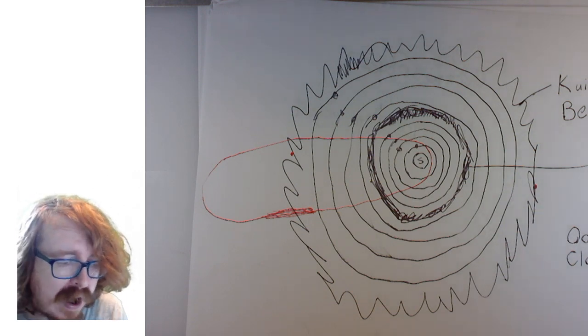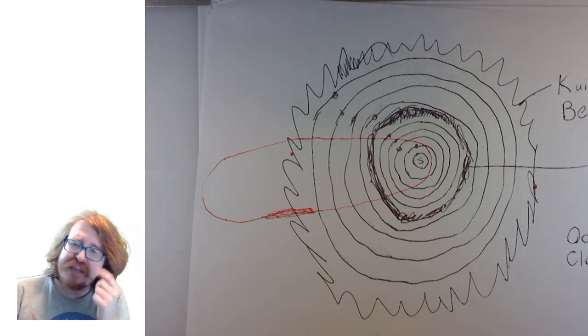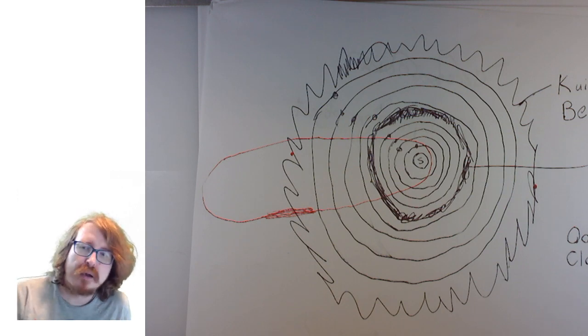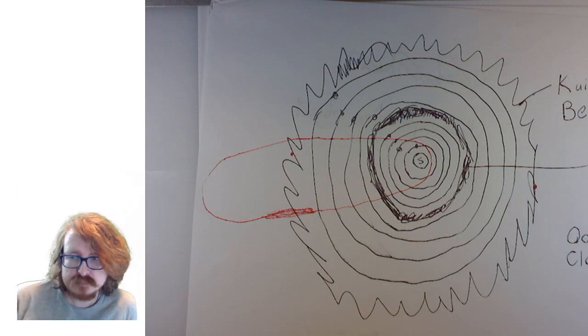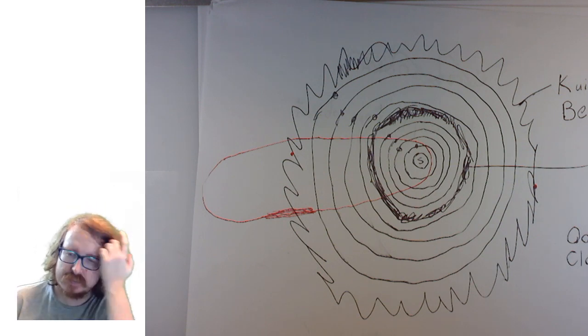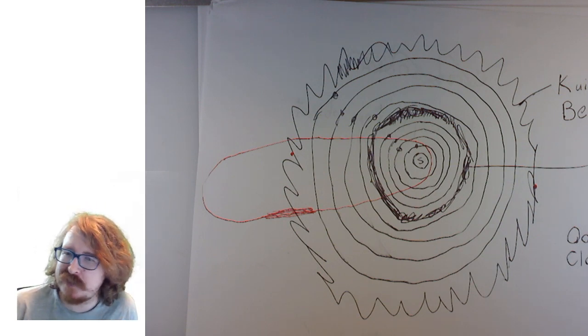Why would this be a bit of a problem for a Kuiper belt object? What aspect of these Kuiper belt objects would have a problem coming in close to the sun? Why don't they want to come in close to the sun?